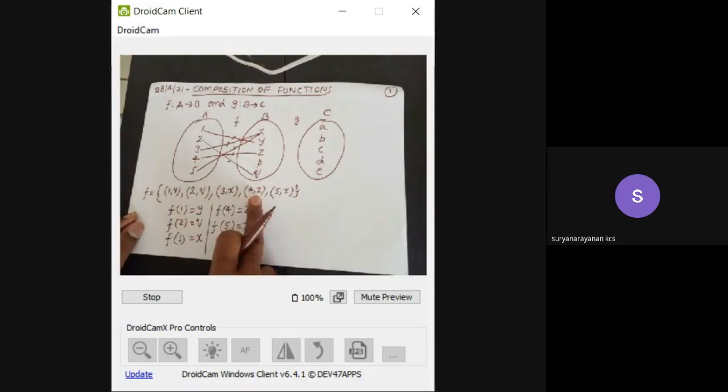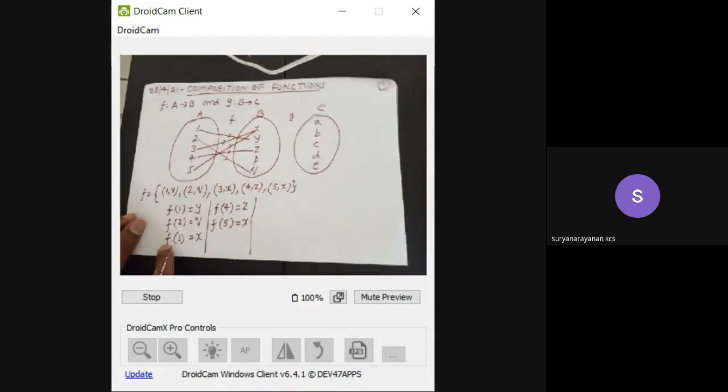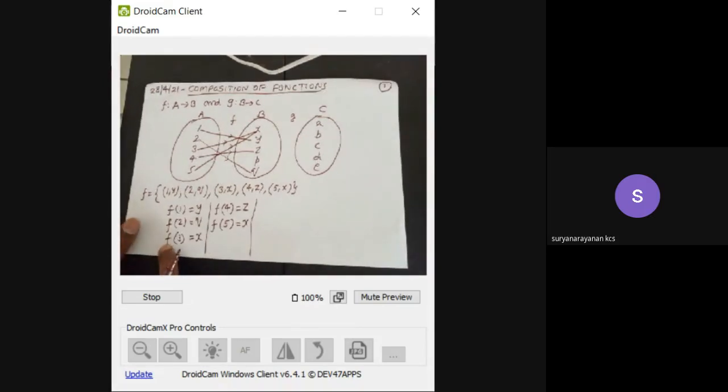This function is written in the form of images. Image of 1 is y, image of 2 is q, image of 3 is x under the function f. Please remember the meaning of this notation. Image of 4 is z under the function f.